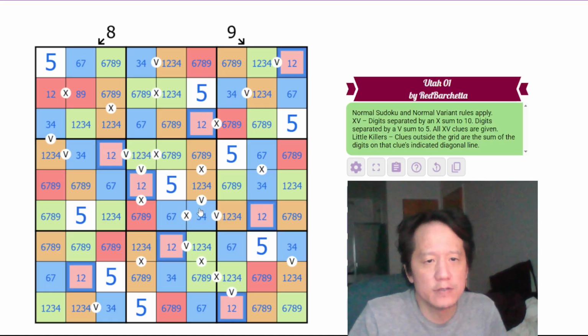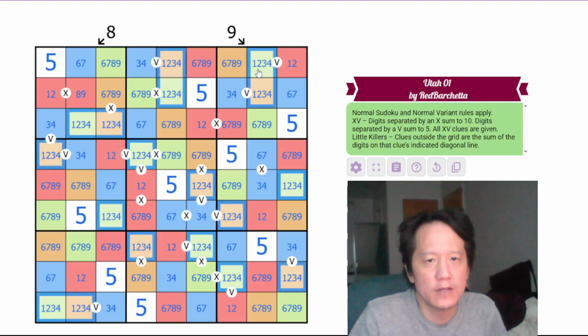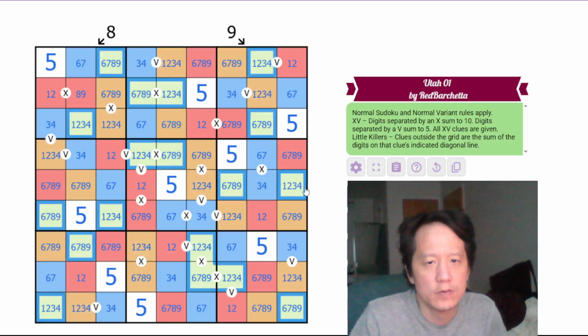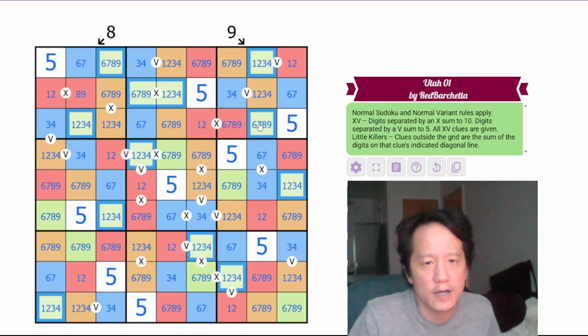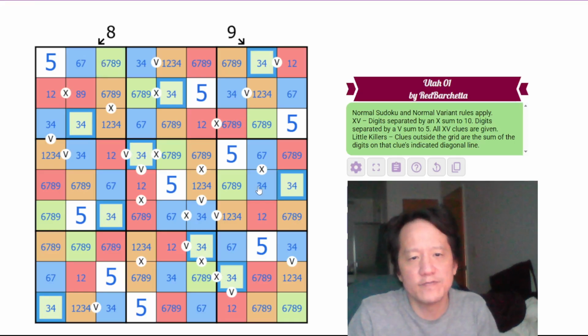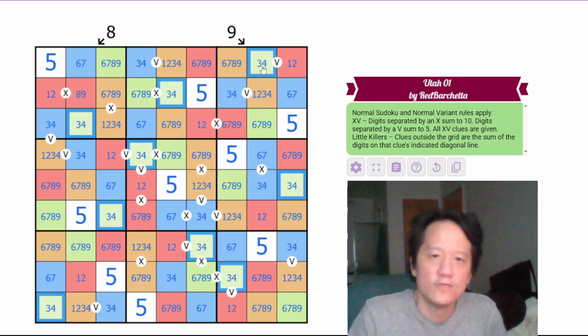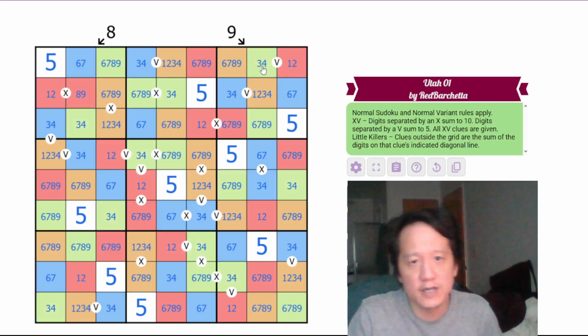That means the low greens have to be 3 and 4. So we'll remove those, the highs. And since the low greens are 3 and 4, it can't be 4 because that minimum adds up to 10. So this has to be 3.